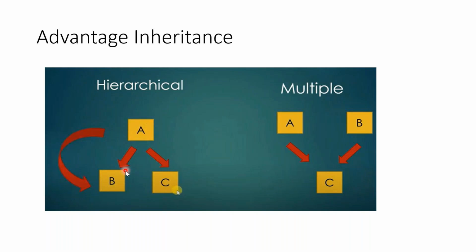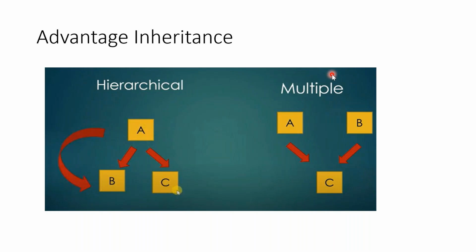Just a simple change in the coding. In multi-level, class B extends A, and class C extends B. But here, I'm inheriting from the same class. Two different classes are using a single class as the parent. So there are two children, but one parent. This is called hierarchical.